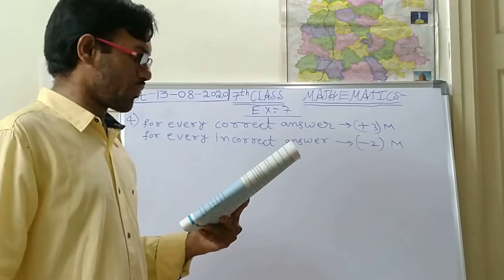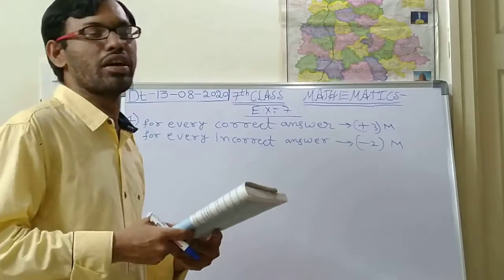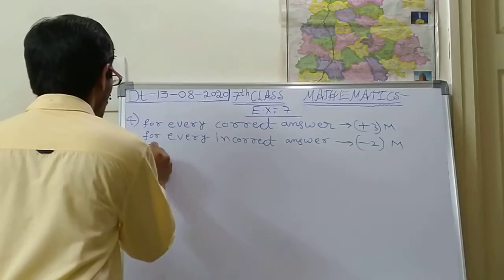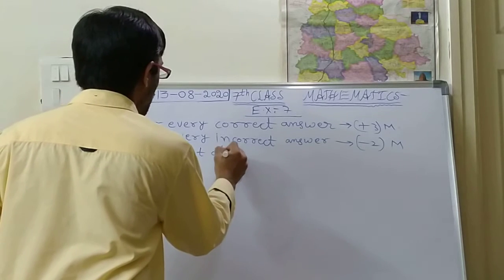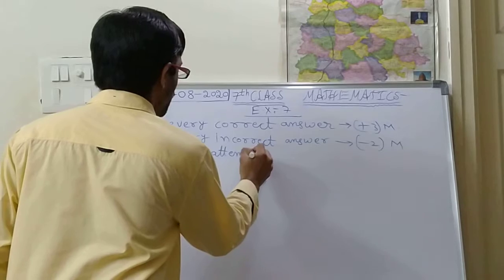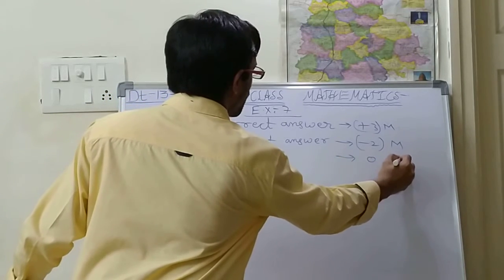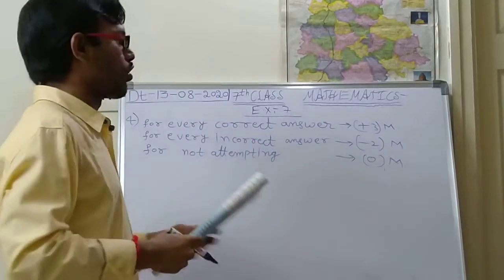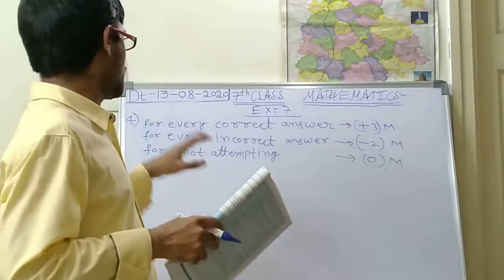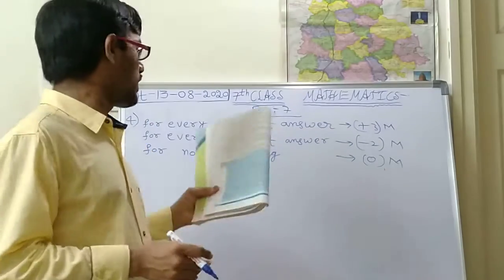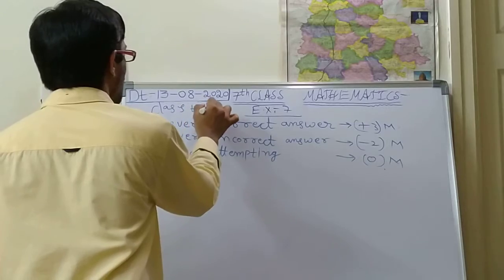And no marks for not attempting any question. For not attempting, 0 marks. No marks means 0 marks are awarded. These are the marks given in the class test.